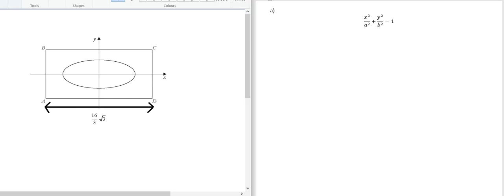We know, for instance, that the coordinates here will be a over e, whatever e is, and over here we'll have minus a over e. So we can make a note of that on our diagram as well, and this diagram will gradually be improved as we go along. As we discover more about it, we can add that information to our diagram and keep it constantly updated so that we know what we're dealing with.